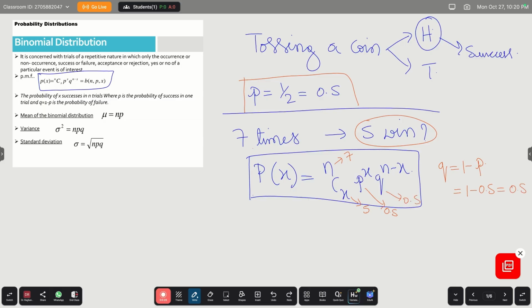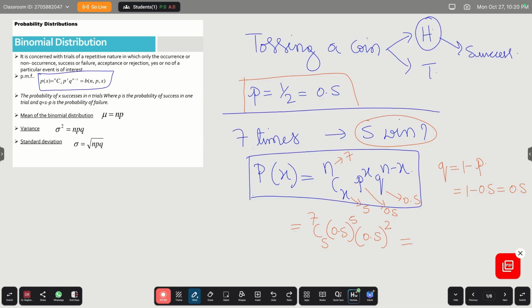So now we have all the values required, and we can very easily calculate this probability. Let me do this one for you. It is 7C5 times 0.5 power 5, since x value is 5, and the q value power n minus x. n is 7 and x is 5, so 7 minus 5 is 2.